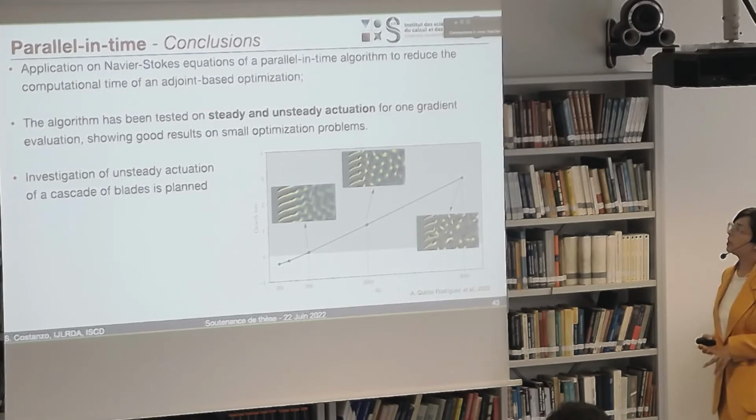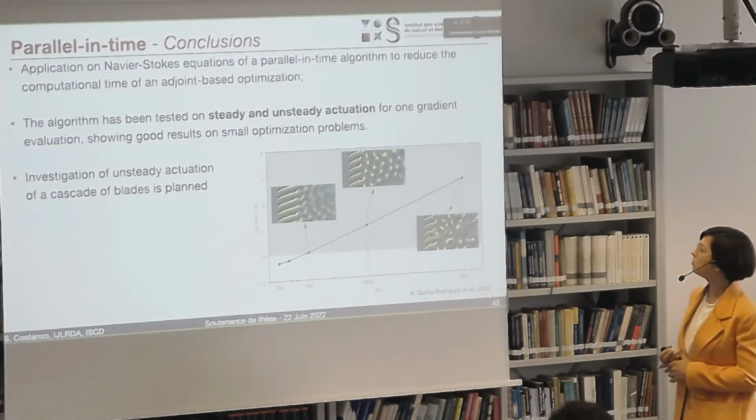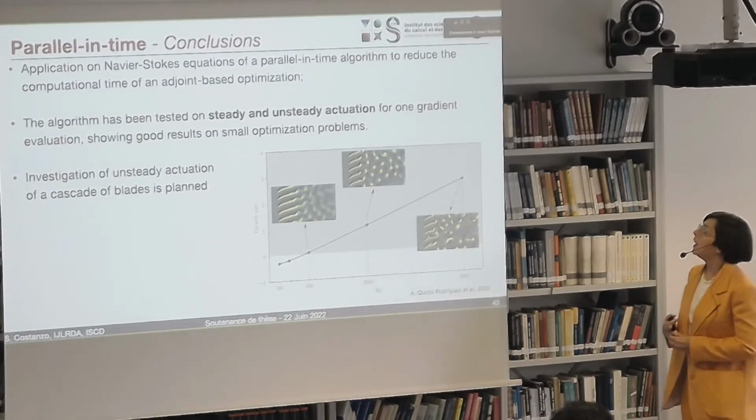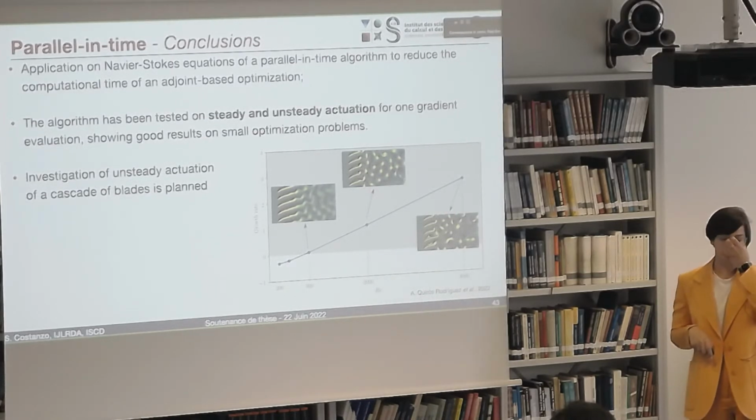What we want to do now is to investigate unsteady actuation in a different way, based on the work of Alejandro Quiros, who is part of our team. And so we want to apply the parallelization to the same optimization test case used on different regimes and see how this scales with our algorithm.